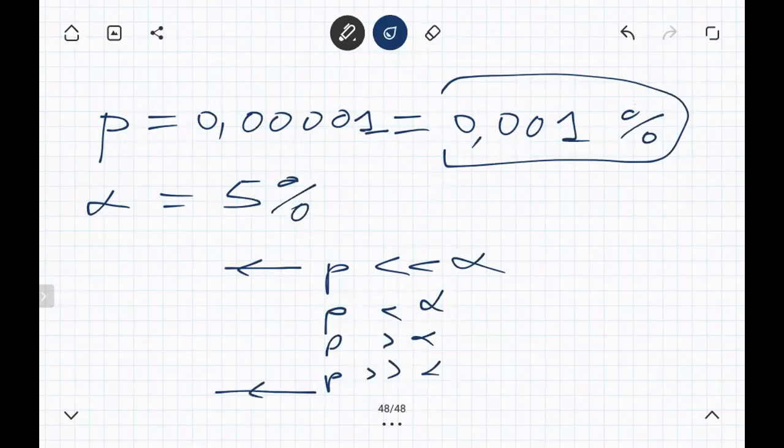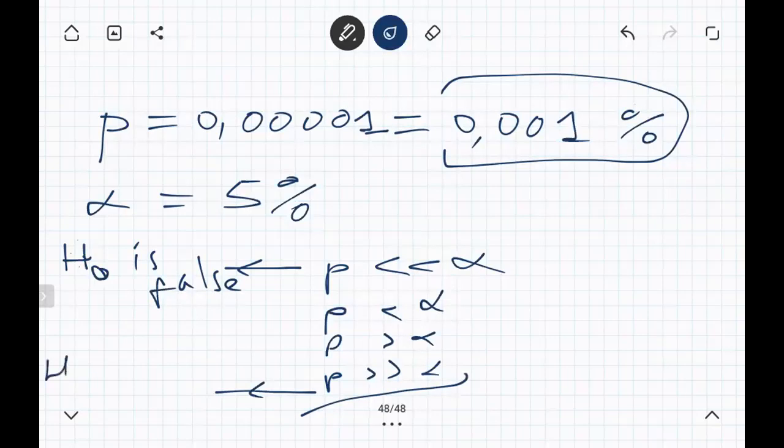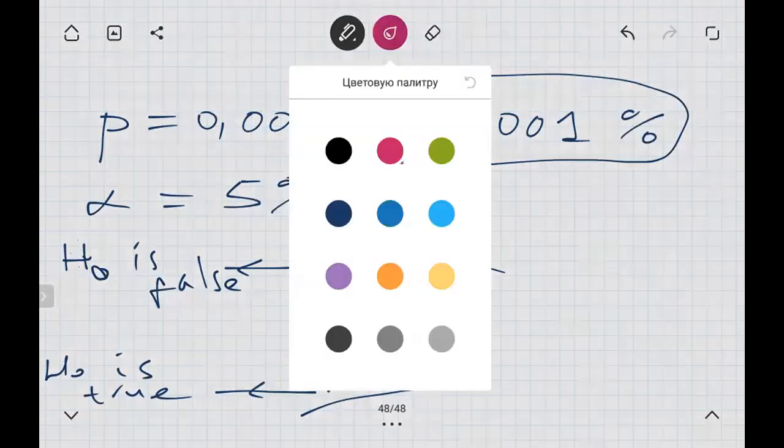The first is strong evidence that your null hypothesis is false. And this one, where your p-value is much more than alpha, is strong evidence of null hypothesis being true.